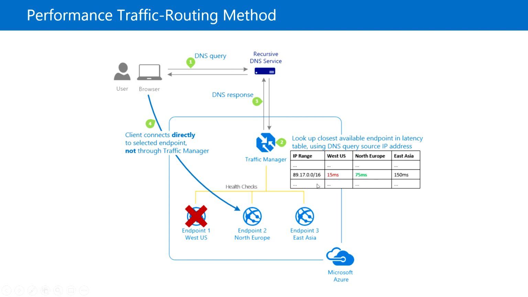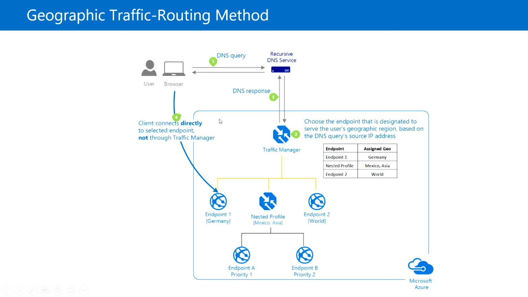As you can see, from the IP range, West US is 15 milliseconds, North Europe is 75 milliseconds, and East Asia is 150 milliseconds. So the user will be directed to whichever location is closest.